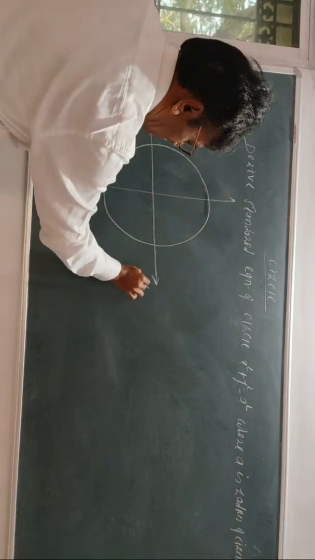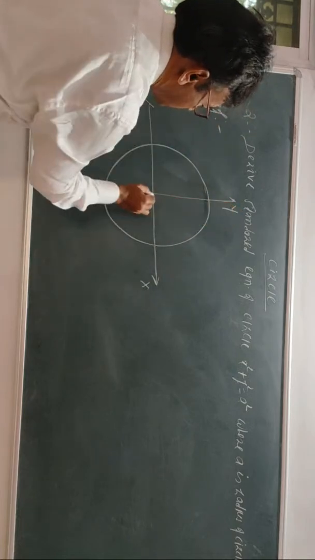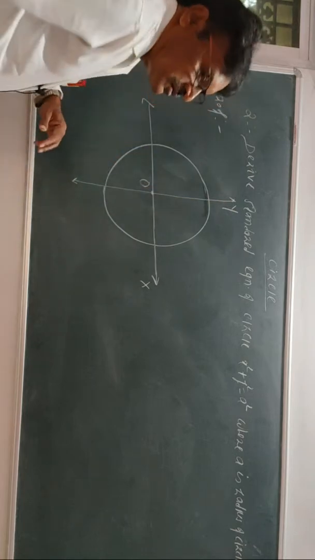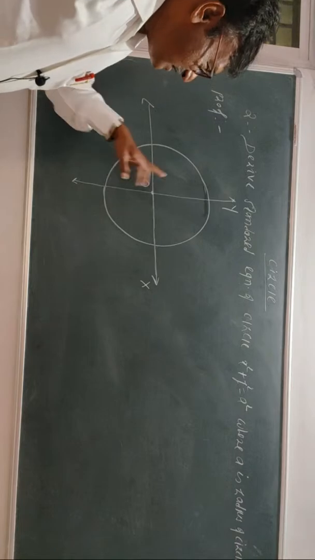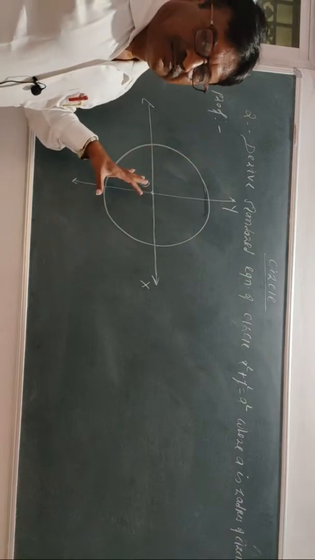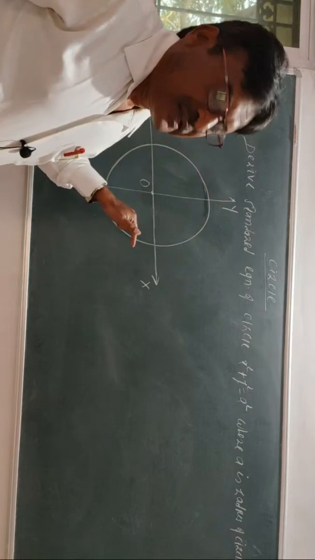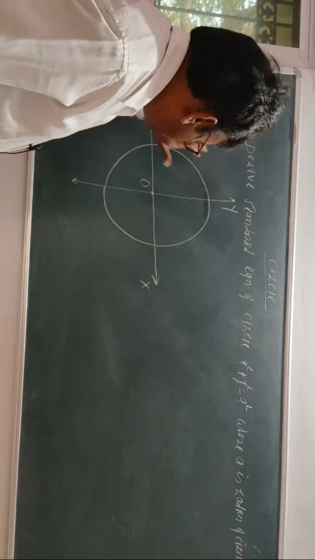This is the x-axis, this is the y-axis, here is origin O. Origin is the center of the circle, therefore this circle is called a standard circle. And here we find the equation of this circle.